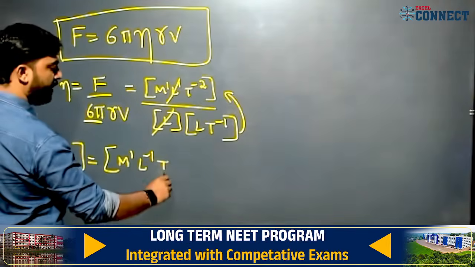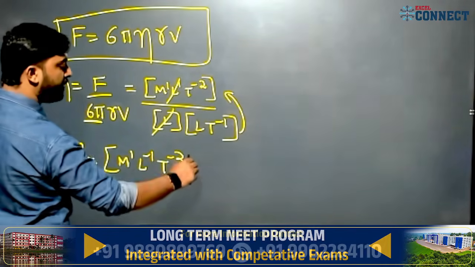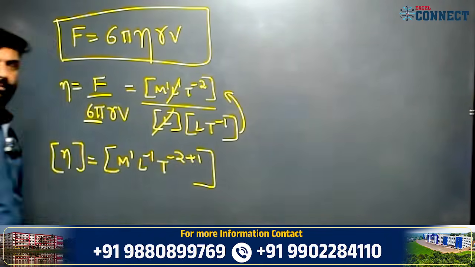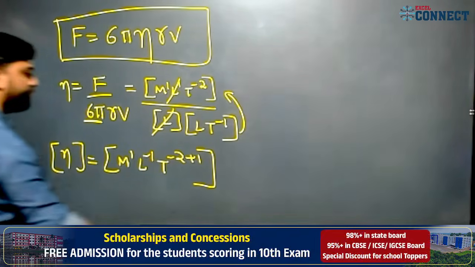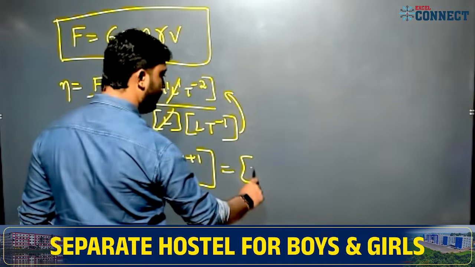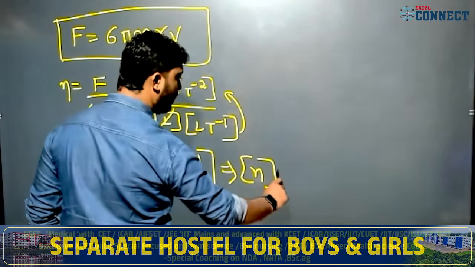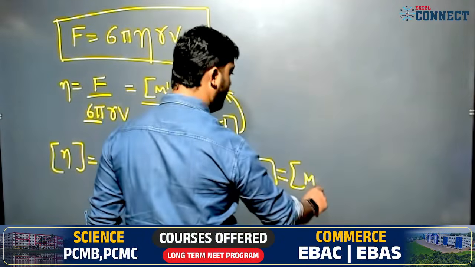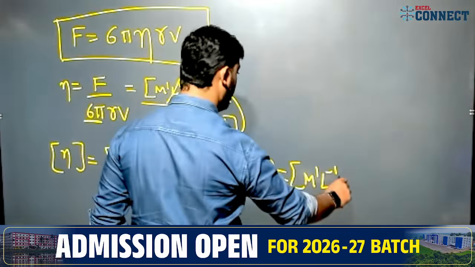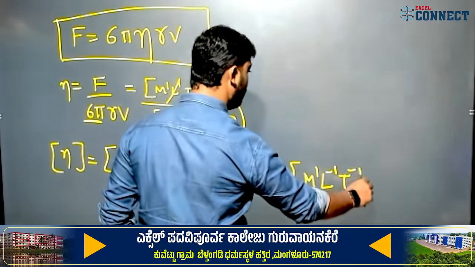So T minus 2, minus 1 going up becomes plus 1, right? And if you solve this, what is the dimension of eta? It is M1 L minus 1 T minus 1.